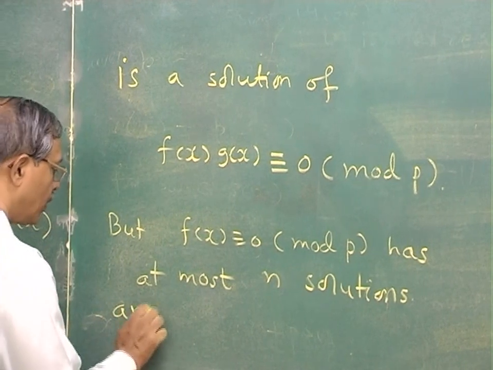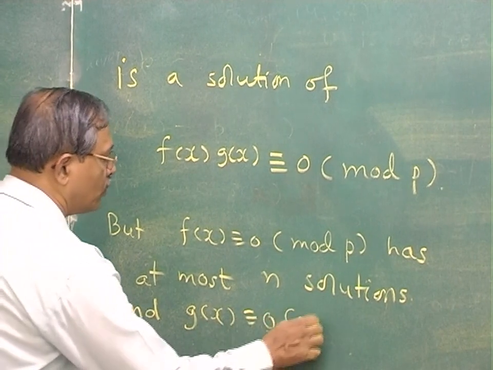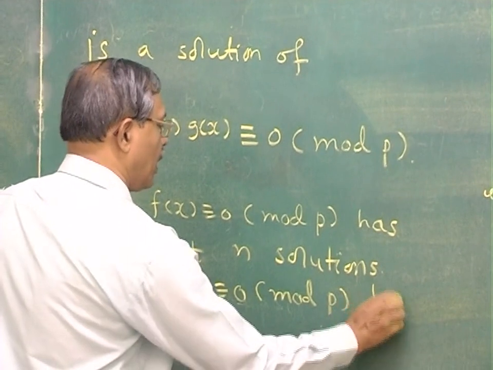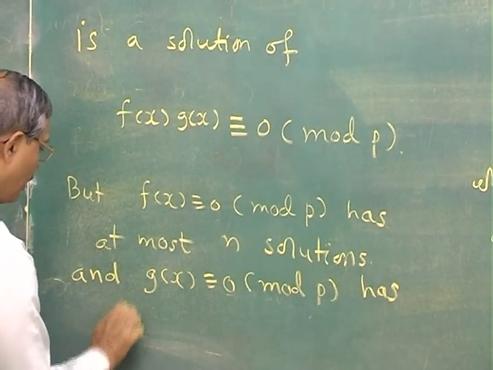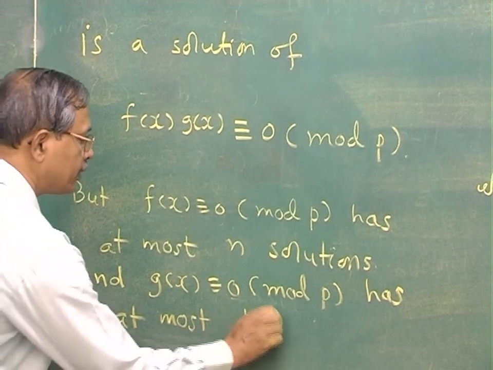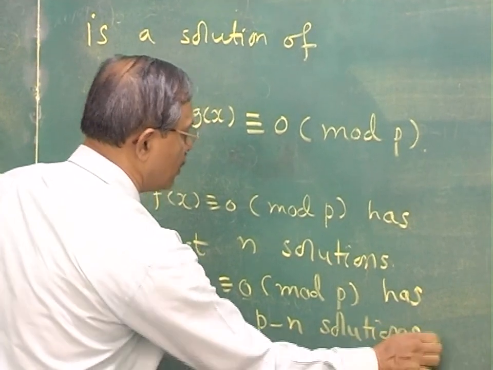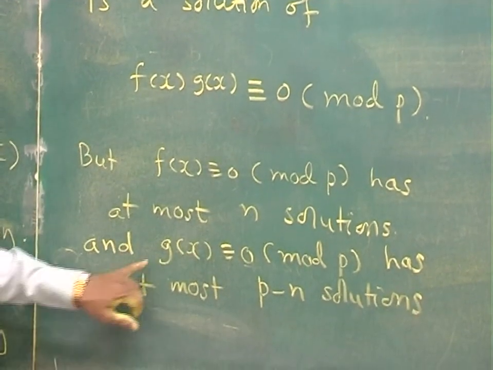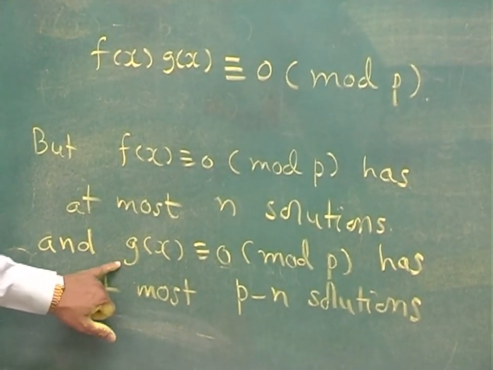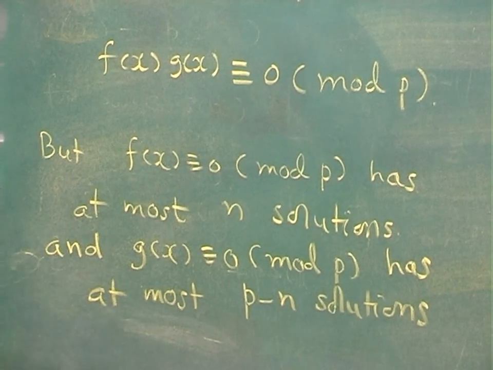And g(x) congruent to 0 mod p has at most p minus n solutions, because that is the degree of the congruence. p minus n is the degree of the congruence g(x) congruent to 0 mod p, because g(x) is monic of degree p minus n.